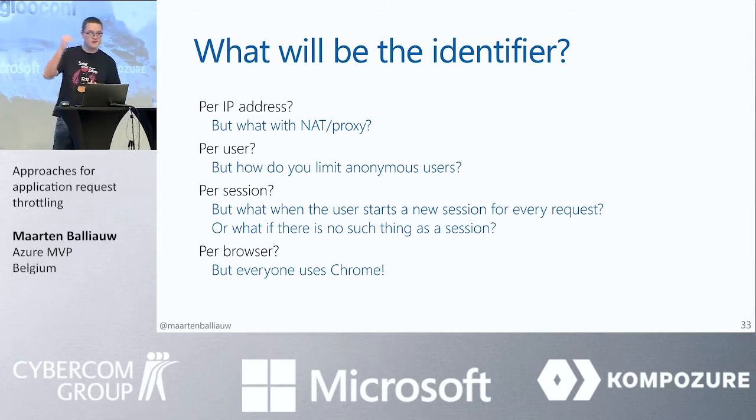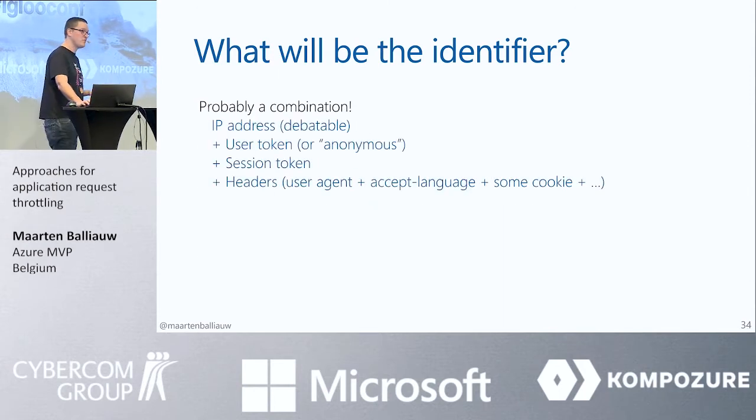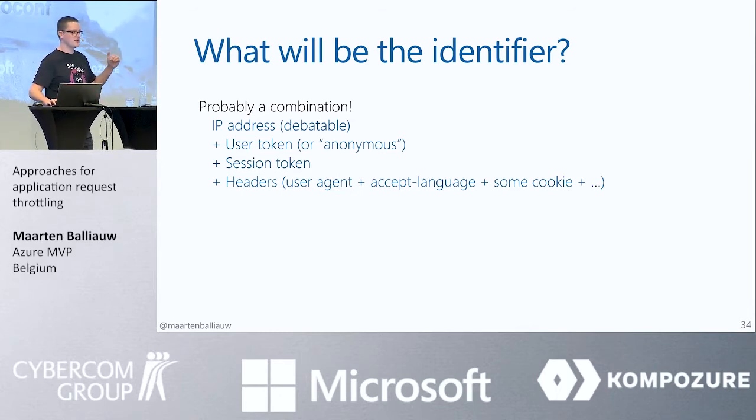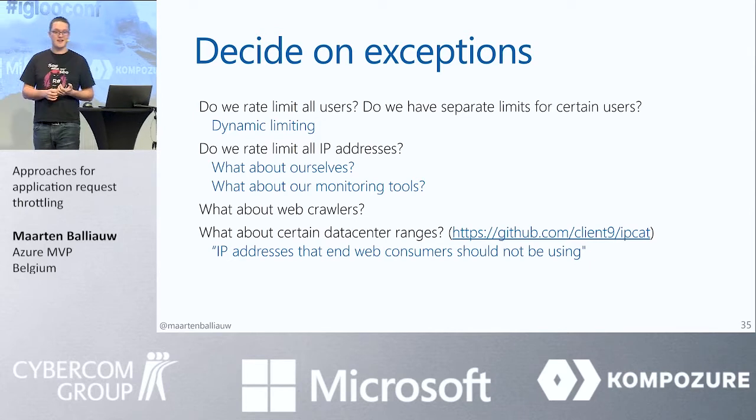So you have a combination of all these factors, and you can be more detailed about who is really using your application and who we are going to limit in that application. And that's probably the best way of doing things. Combine some of these identifiers and try to be as accurate as possible in identifying who your user is, because that's the only way of accurately enforcing a limit to the number of requests that they can make to your application. Then, of course, you also have to decide on exceptions.